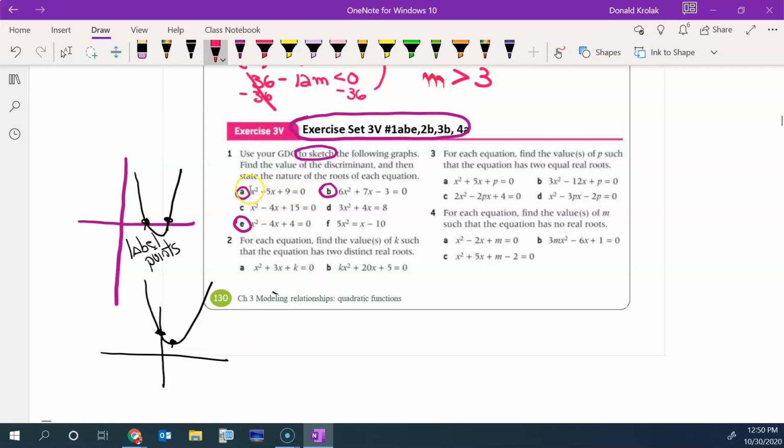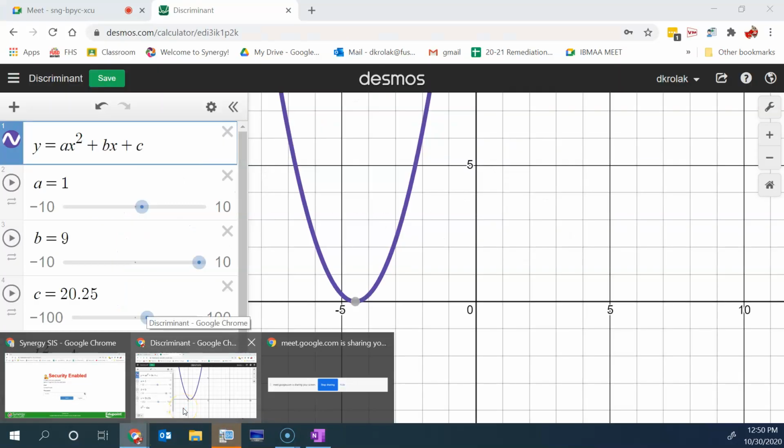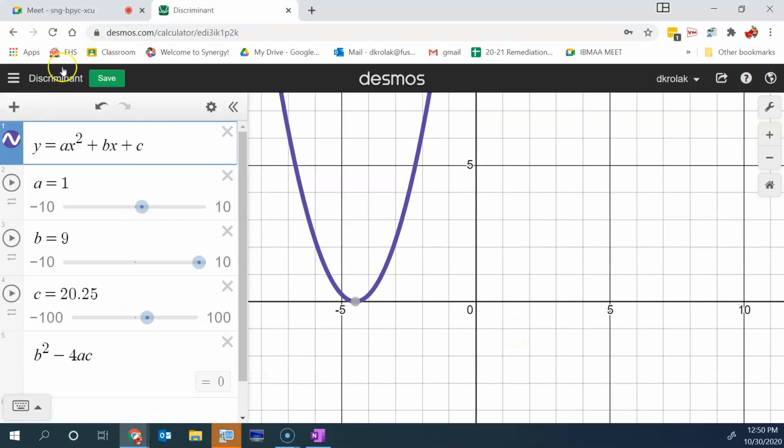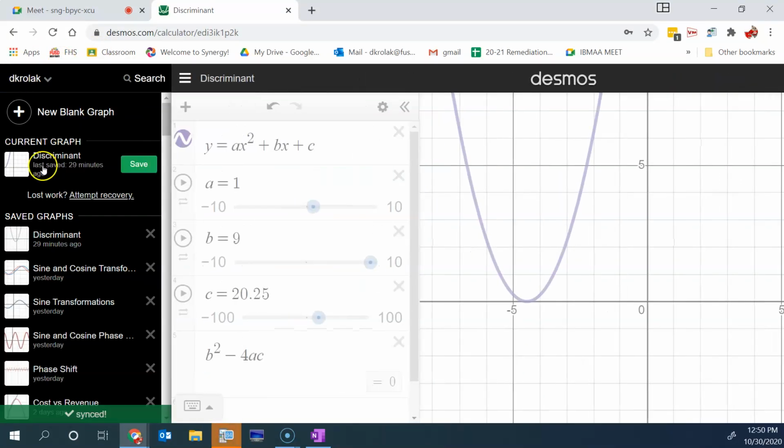Let's try one here. So you got x squared minus 5x plus 9. Now you could just do it on Desmos since it's a little quicker. So we'll use Desmos to sketch it. So let's see, negative 5 and 9. All right, so graph.